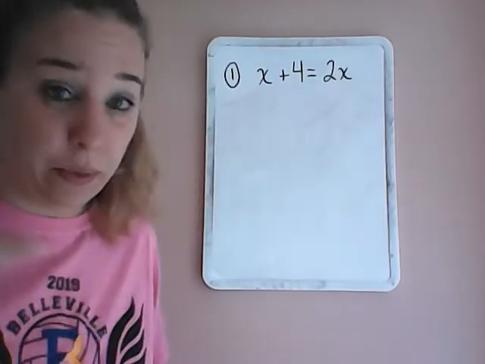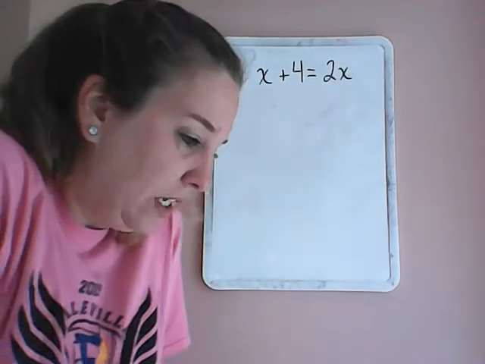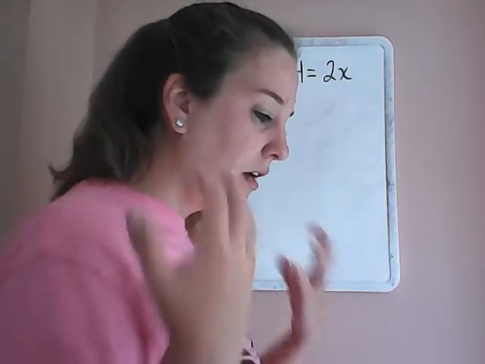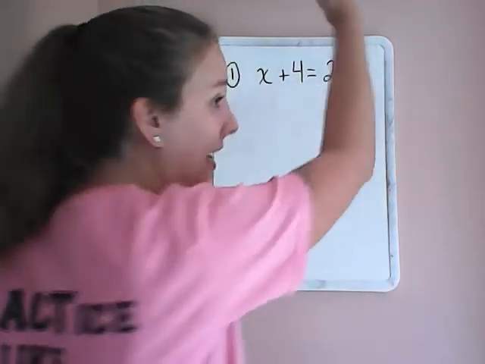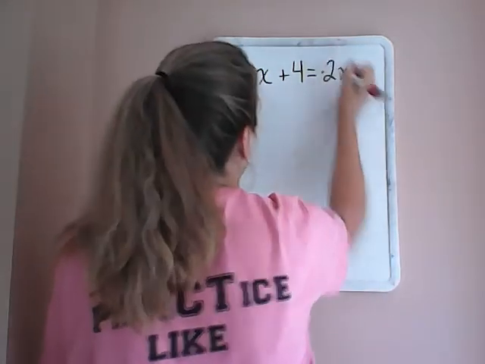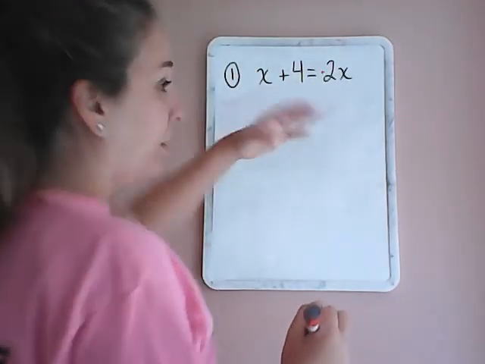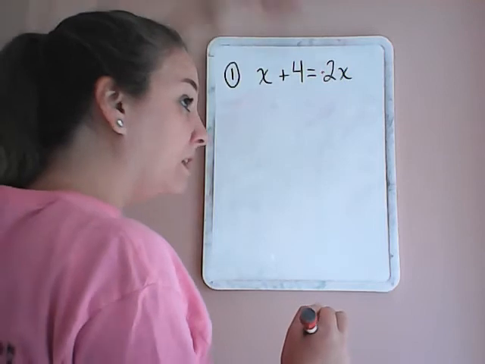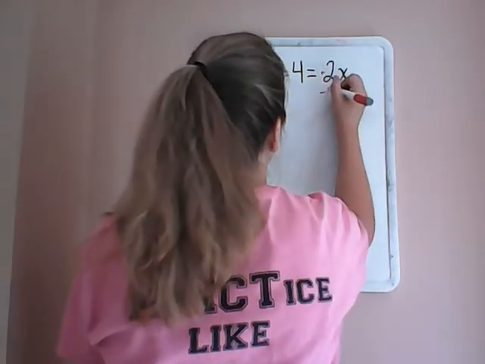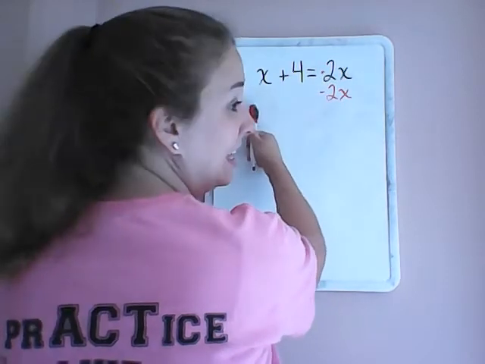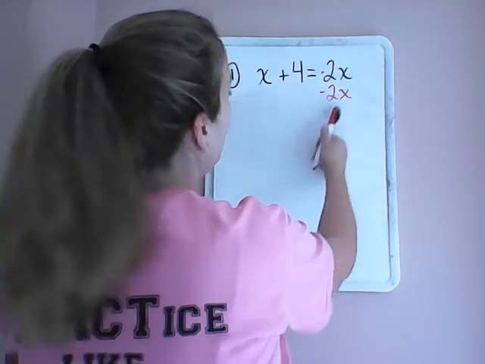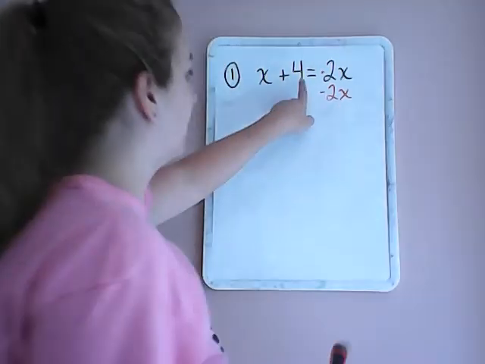Okay, I'm going to show you the other way around for those of you that feel cozy getting the variable on the left. So let's say, right, this is a positive 2x, right? There's like a little fake little plus there. In order to get rid of a positive 2x, we need to subtract 2x. And since we did it to this side, we need to do it to this side of the equal sign. We can't go subtracting x's from regular numbers.